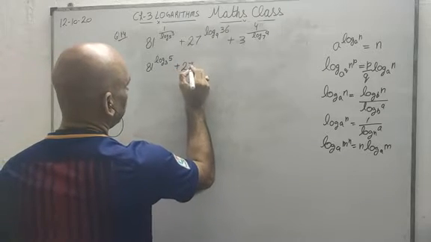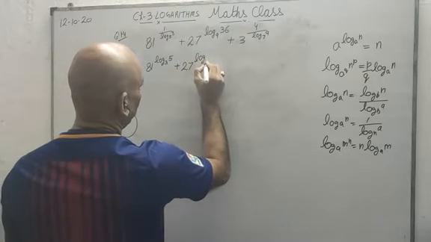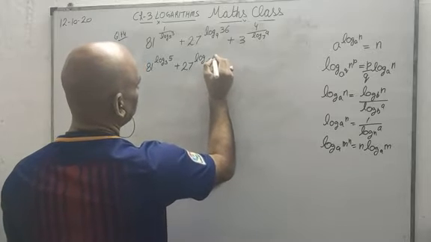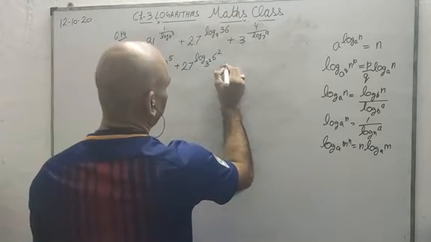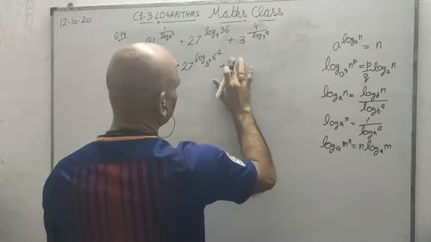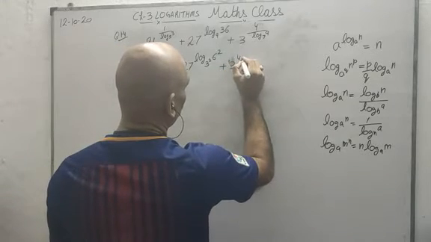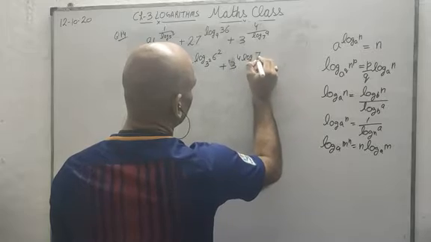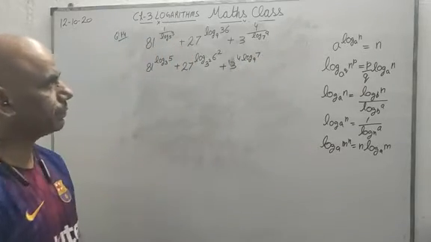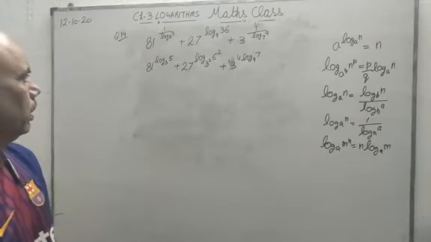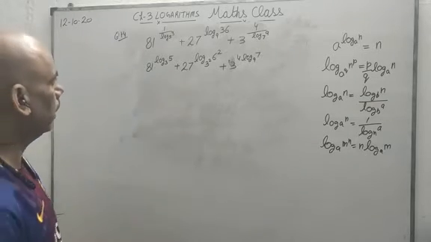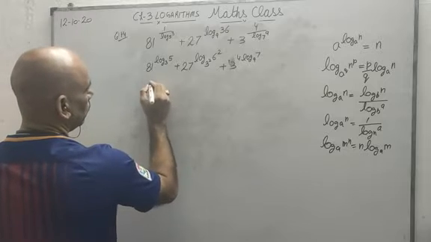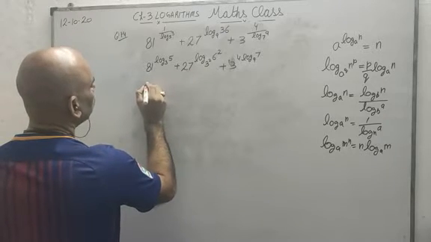Similarly, 27, here I will write it as 3 square, and I will write 36 as 6 square. And similarly here, 4 log 7 base 9. Now my work is done, but the base is not 3 here, so I will make that 3 also.